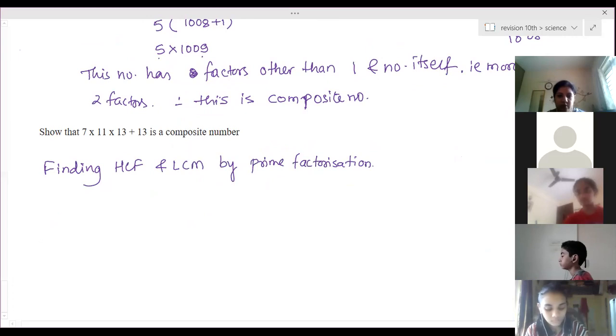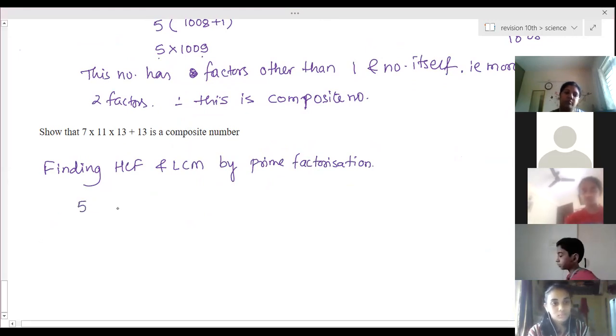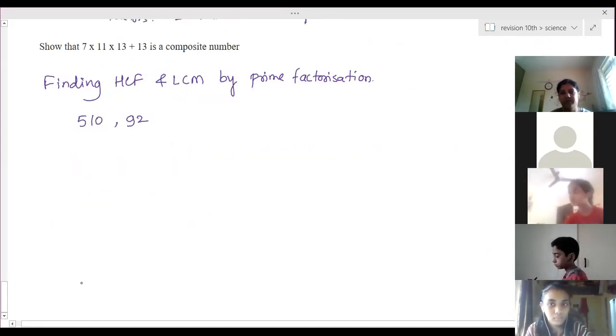So the question you have is 510 and 92. These are the two numbers whose HCF and LCM you have to find out, by the prime factorization method. So for that, you have to separately prime factorize 510 and 92.